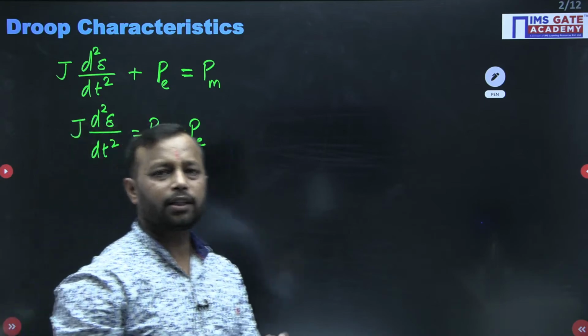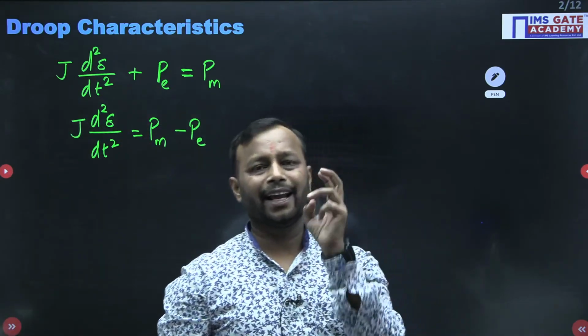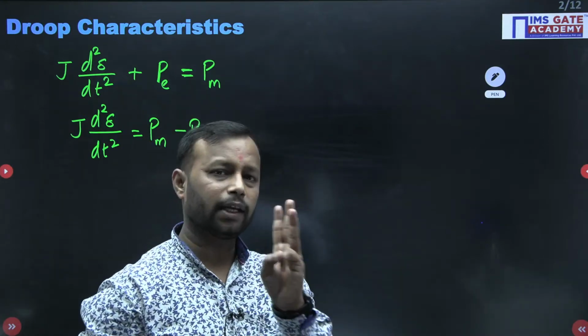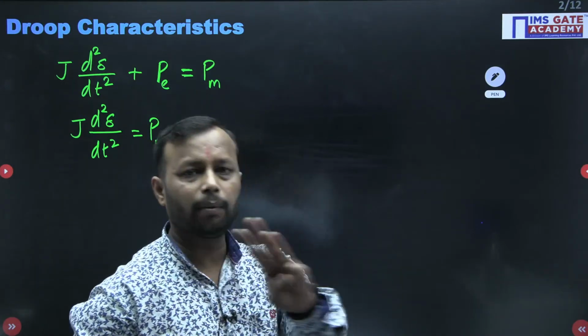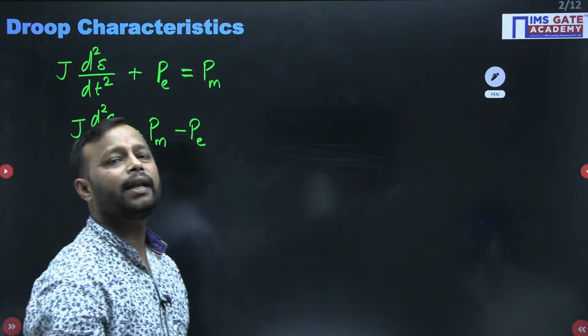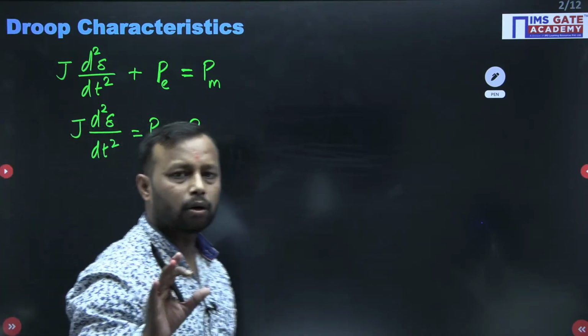What condition I told you: for all the synchronous generators, the frequency, speed and terminal voltage have to be constant. Otherwise, if any of these is violated, there will be a complete shutdown of the power system. So let us increase the electrical power, or load, and the mechanical input remains unchanged.